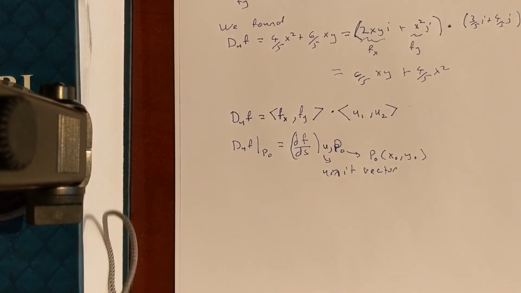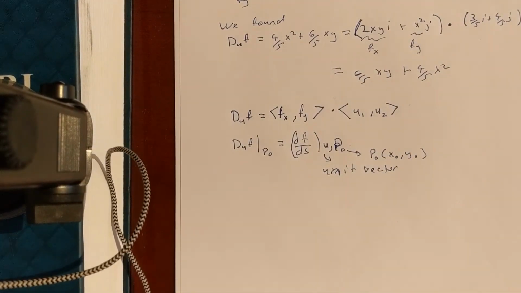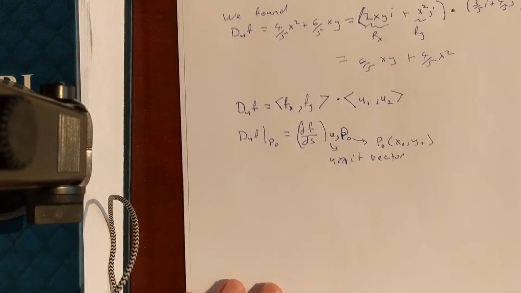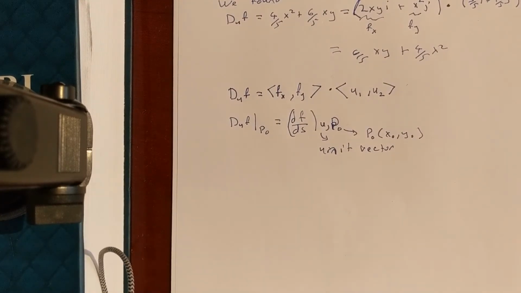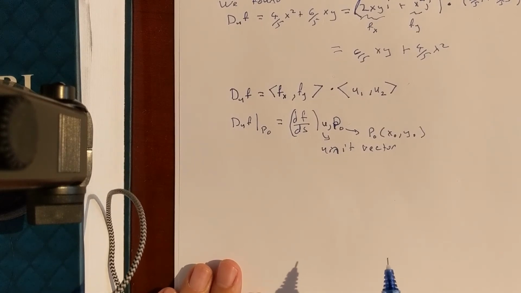So what we're going to do now is try to prove this gradient formula. Let's write down some math. This might be boring for some of you, but it's nice to see the proof. It's very simple.